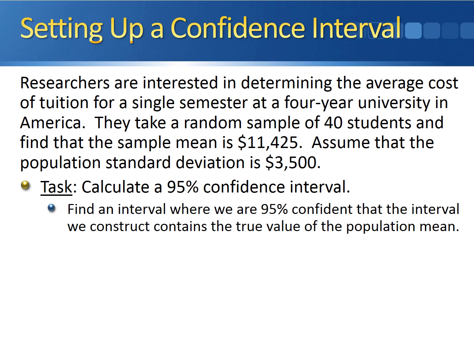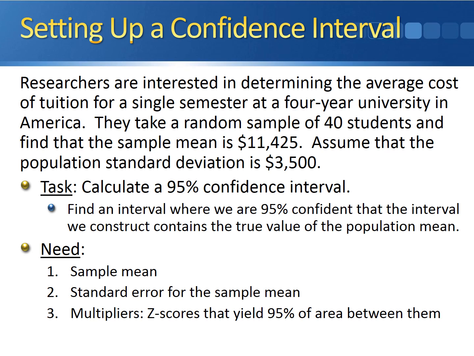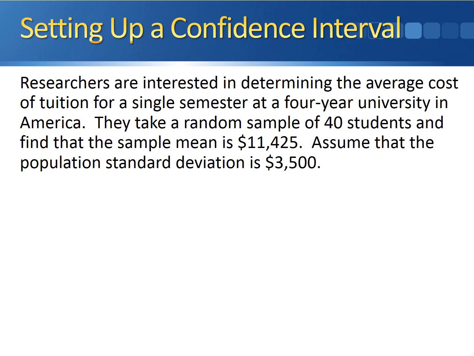We need 3 things to be able to do this. We need the sample mean, we need the standard error for the sample mean, and we need the multipliers. These multipliers are going to be z-scores that yield 95% of the area between them. Taking a look at the statement of the problem, we already know that the sample mean, x bar, is 11,425.